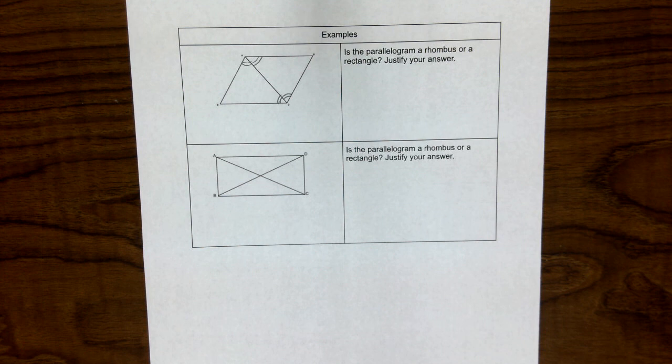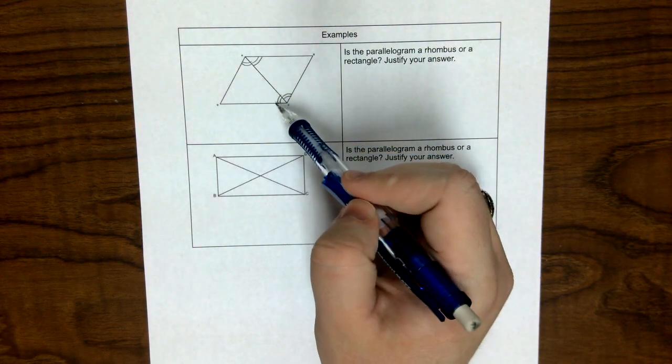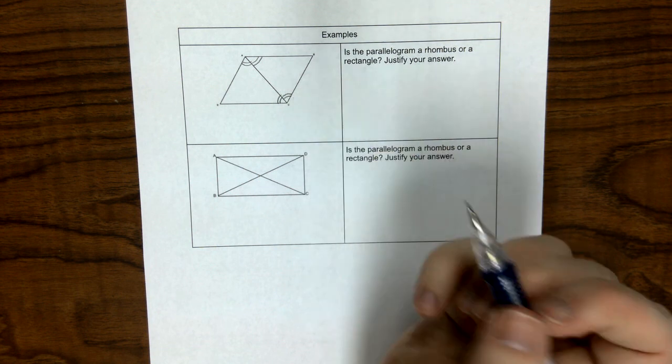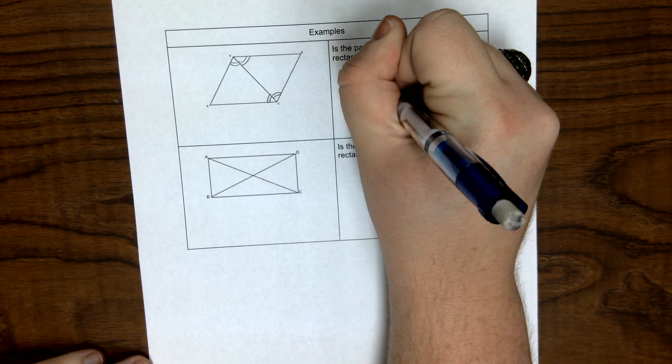So let's step back and think. What were we given? We're given a pair of opposite angles that are bisected by the diagonal. How do we know they're bisected? Because everybody has the same number of little arc marks. And so we're going to say this is a rhombus.